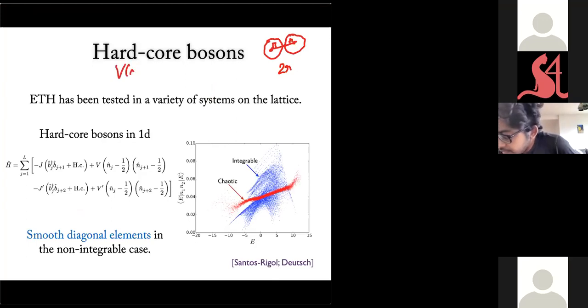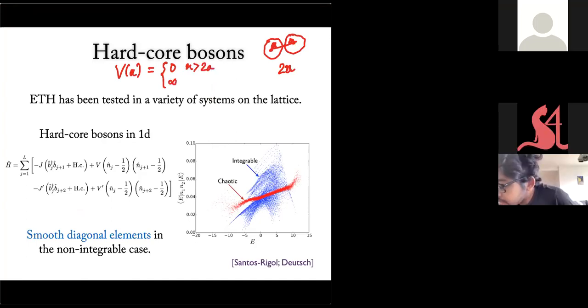V of r is 0 if the distance between the centers is greater than 2a, and it's infinite for r less than or equal to 2a. That's the classical version of the hardcore boson, and this is the quantum mechanical analog of that.